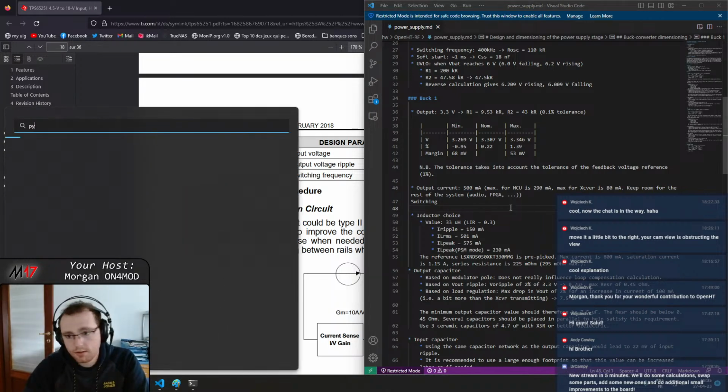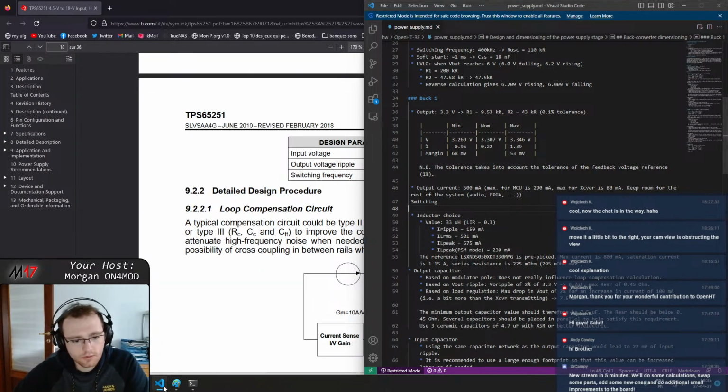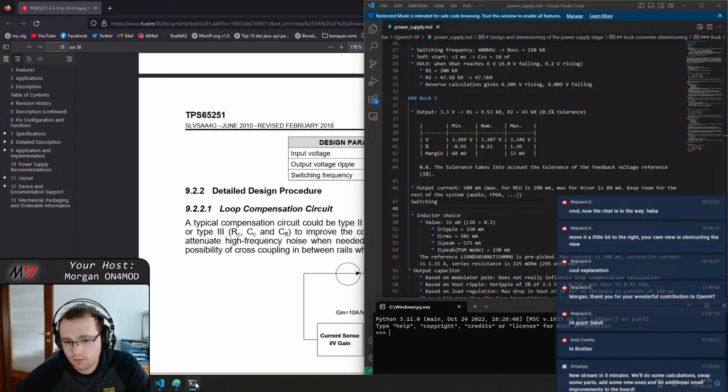So we have 290 for MCU plus 80 for the transceiver, and the speaker is about 0.7 watt, I think.